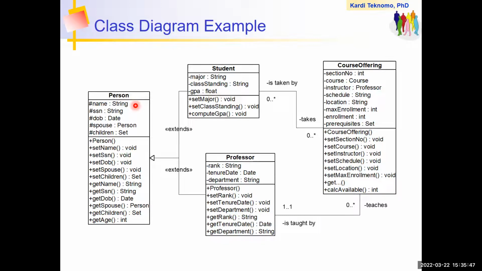For example, the class person consists of student or professor. This is a database, for example. So that arrow with extend here means this student is actually a person. This professor here is actually a person. Clear or not?